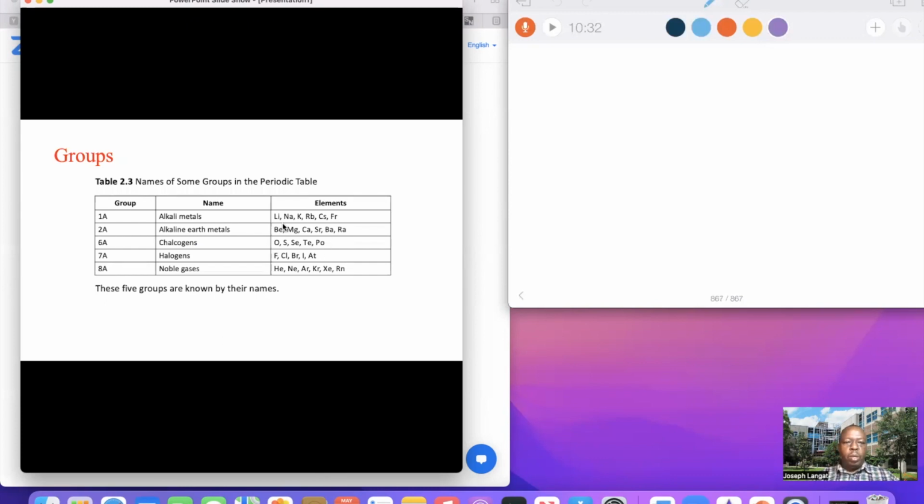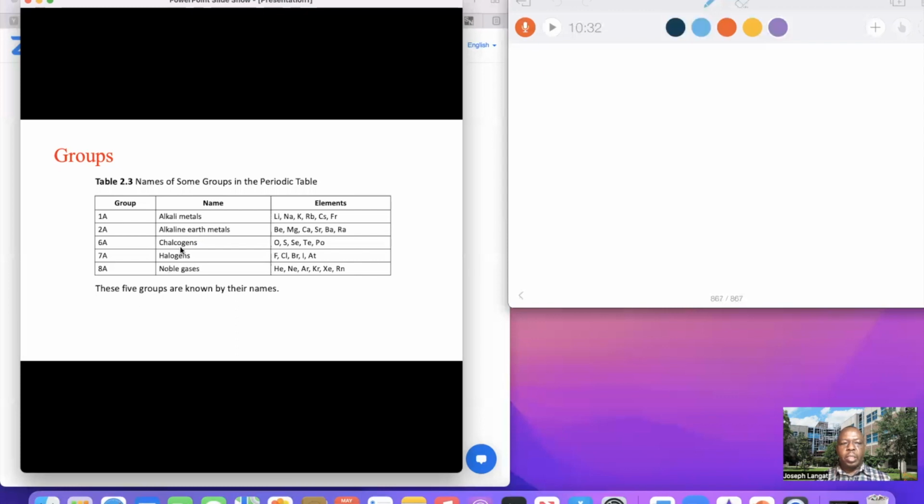You don't need to memorize the elements in group 1; given the periodic table, the vertical column has all these metals. Group 2, alkaline earth metals, predominantly exist in nature as compounds on the earth.